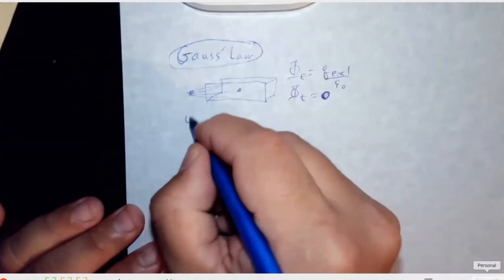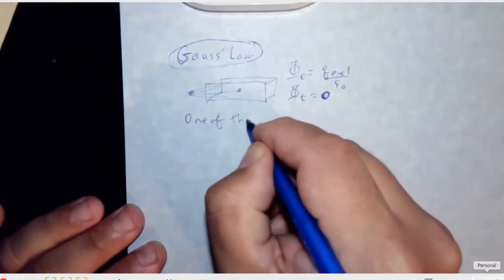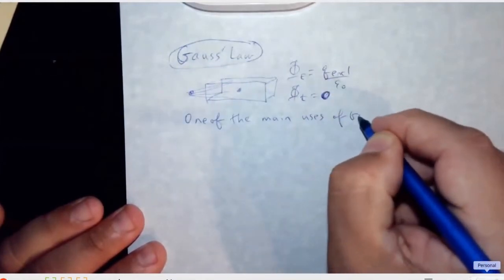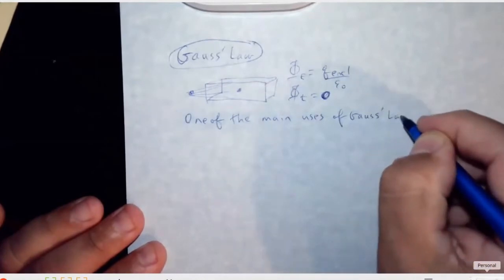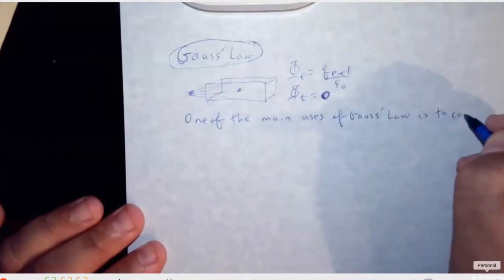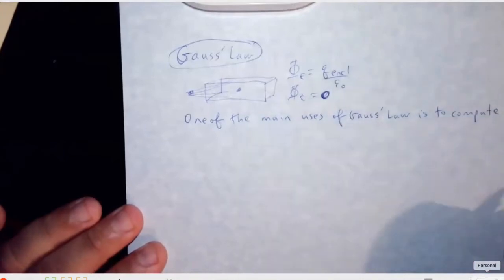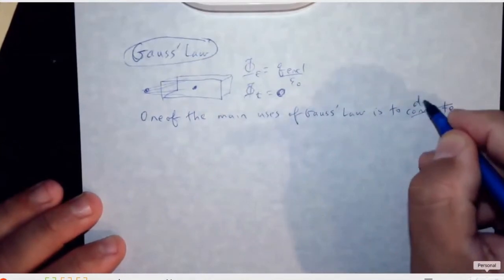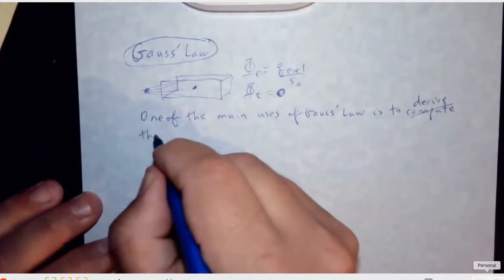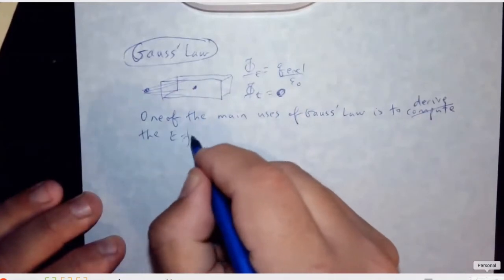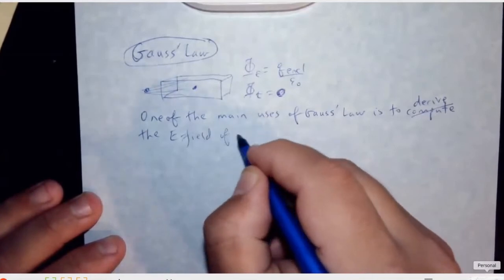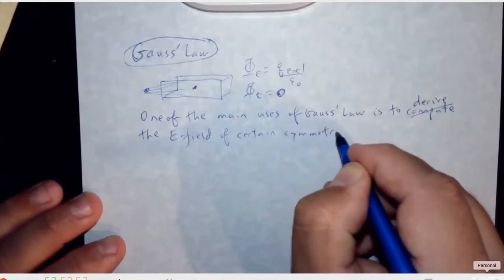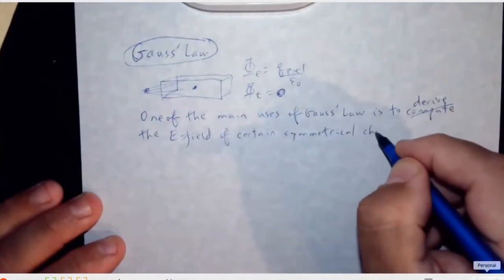One of the main uses of Gauss's law is to compute, or maybe a better word is to derive, the electric field of certain symmetrical charges.